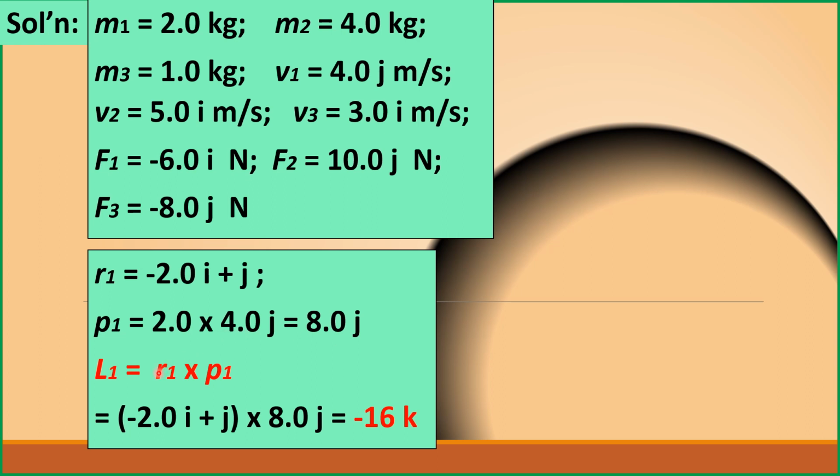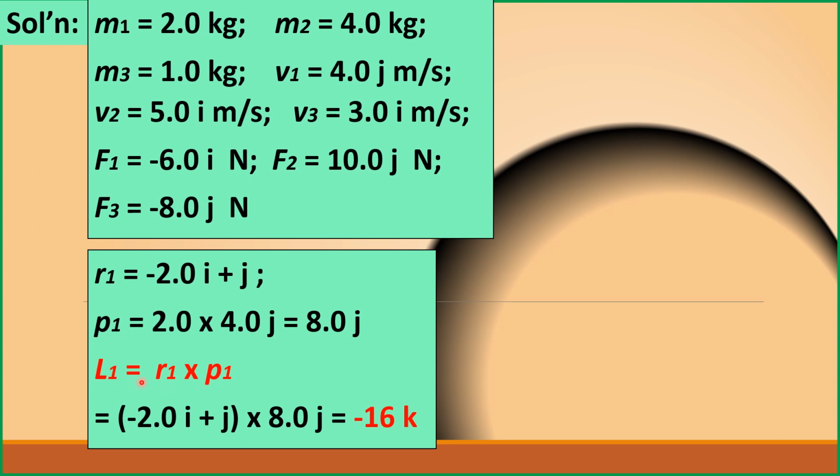And determining the angular momentum labeled here as L1, again, we use the vector product of r1, which is the position vector given here, multiplied by the linear momentum p1.